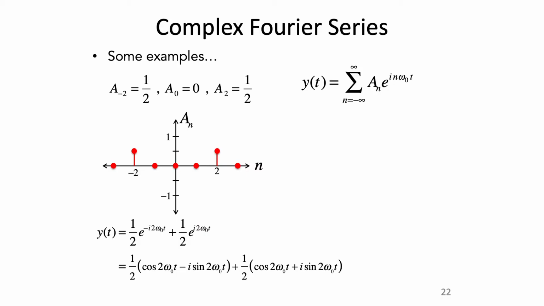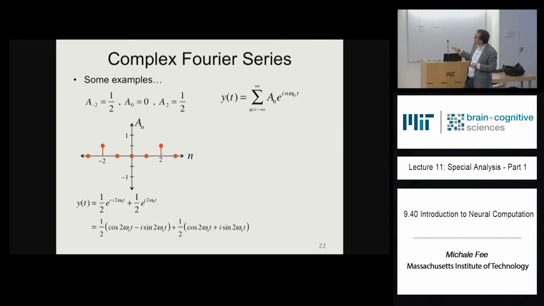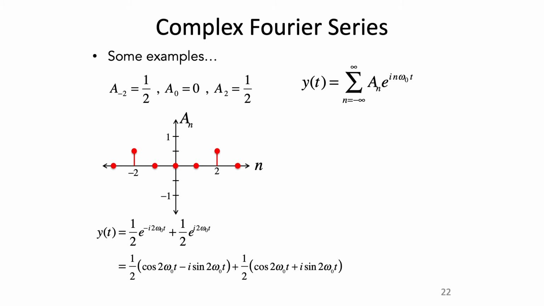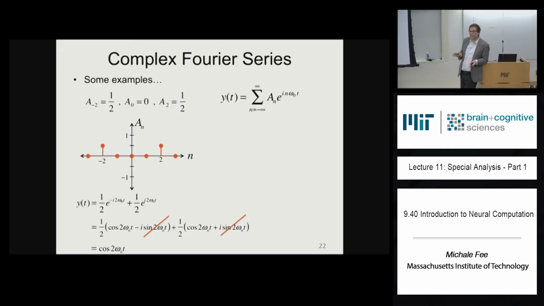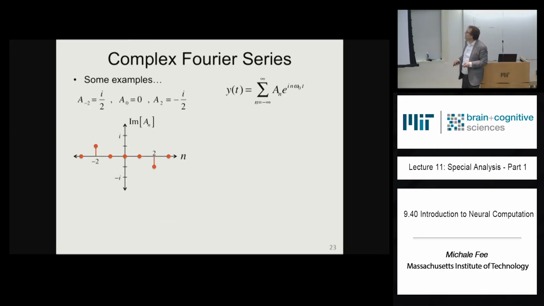All these components are 0 except for two of them, n equals minus 2 and n equals plus 2. If you put those in there, it's 1/2 e to the minus 2 omega naught t plus 1/2 e to the plus 2 omega naught t. And if you write that out, those signs cancel and you have cosine 2 omega naught t. Okay, pretty simple, right?